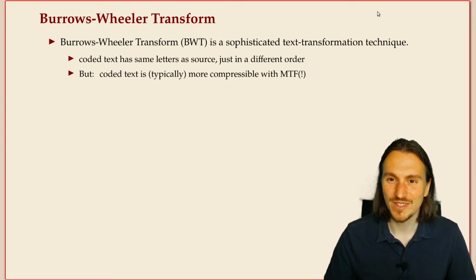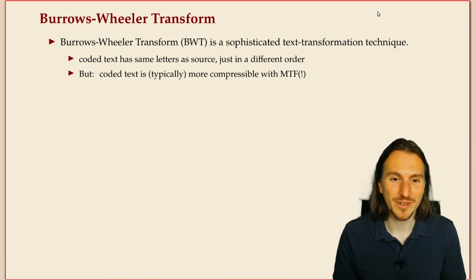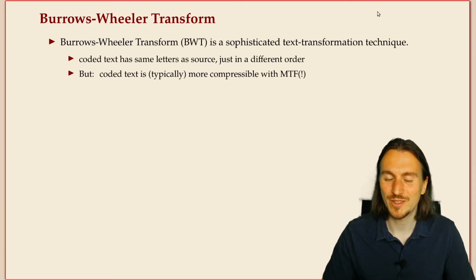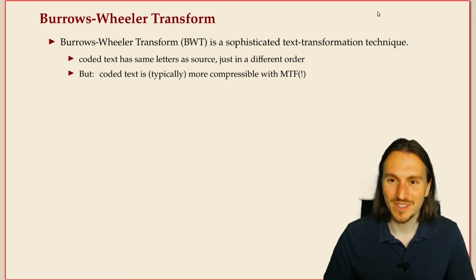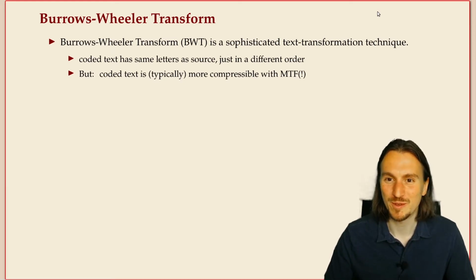So this also tells a story about algorithms in general. Sometimes a sophisticated idea looks impractical at the time you think of it, but it's still worth exploring because it might become practical in the near future. And this is what definitely happened to the Burrows-Wheeler transform.